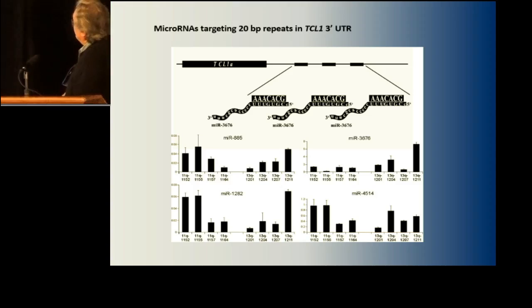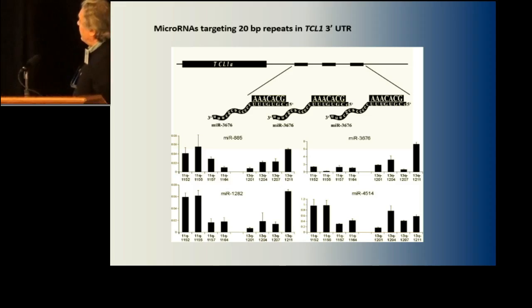So what we did was, by bioinformatics, to look at possible microRNA that might target these triplets, okay? And we found 4. 4 microRNA are predicted to target these 3 sites.